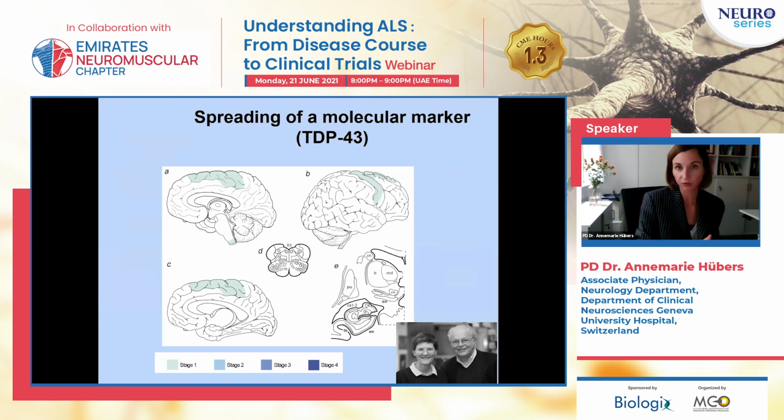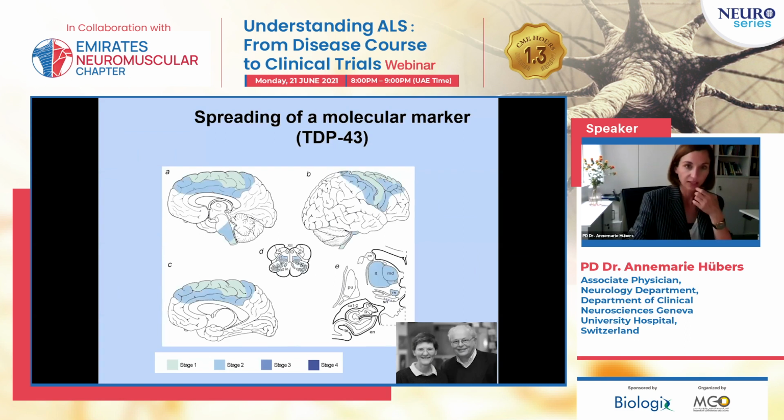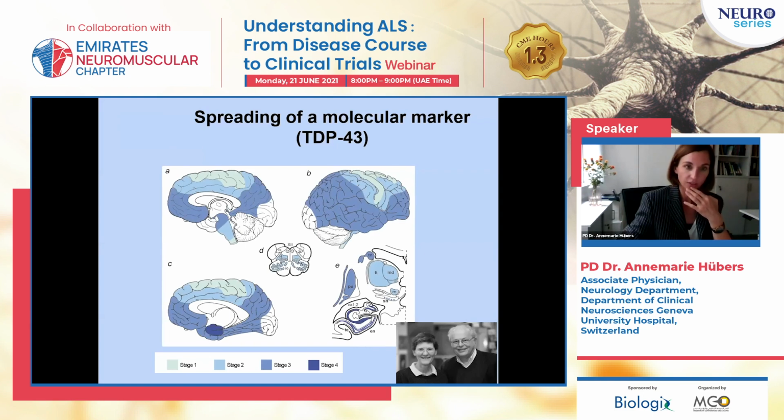And Heiko Braak could show that you find these accumulations not only in the motor cortex, but that they spread really via stages over very large cortical, and even subcortical areas, showing that this is really not only a motor neuron disease, but effectively a multi-system degeneration.